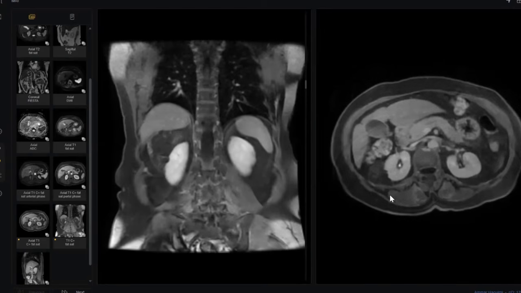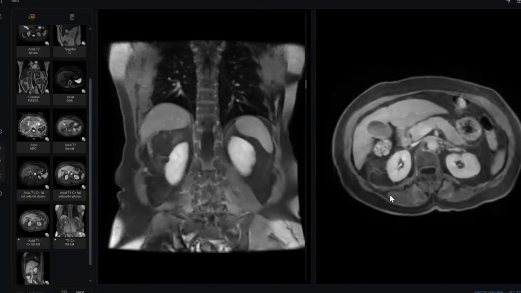Sir, on the axial image which you are showing right now, on this basis, sir, I am convinced that this is AML because it is infiltrating into the renal cortical parenchyma, and it seems to be originating from that. That would be my most probable answer to the clinician, sir.